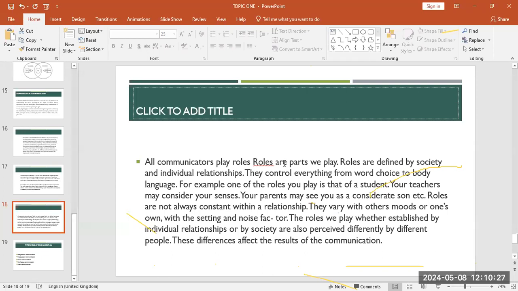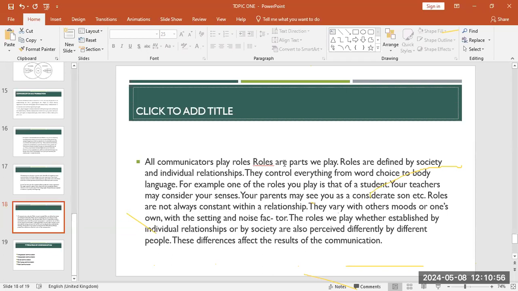For example, one of the roles you play is that of a student. In this class, the role that you play is that of a student. Teachers may consider your senses. Parents may see you as a considerate son. Roles are not always constant with the relationship.